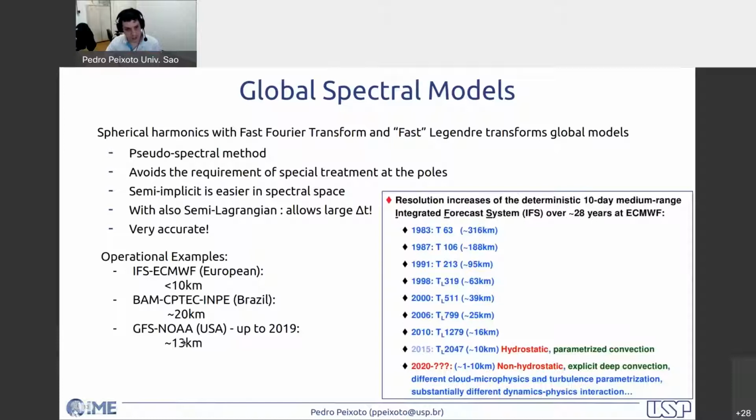The USA, up until 2019, used global spectral models, and many other places used spherical harmonics as the basic numerics for weather prediction. Right? This is more or less how the European center evolved in terms of resolution and how the model was historically evolving. At the moment they are running something like 7 kilometers, if I'm not mistaken, non-hydrostatic.